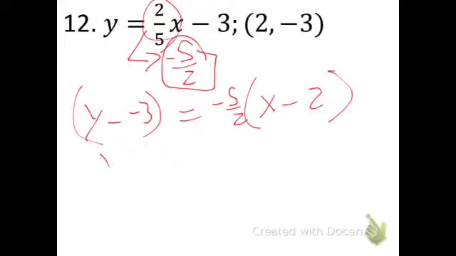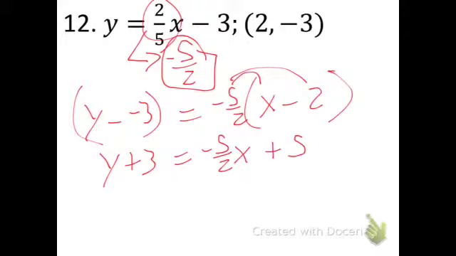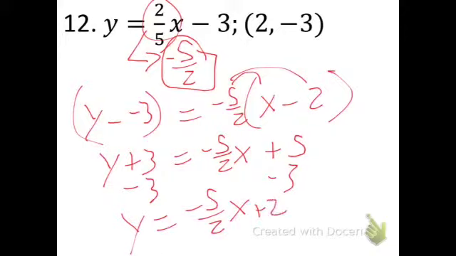I'm going on the left side, simplify. Y minus a negative 3 is y plus 3. Negative 5/2 times x is negative 5/2 x. And negative 5/2 times negative 2 is positive 5. I'm going to now subtract 3 from both sides because I want to get y by itself. We're looking at y equals negative 5/2 x plus 2.